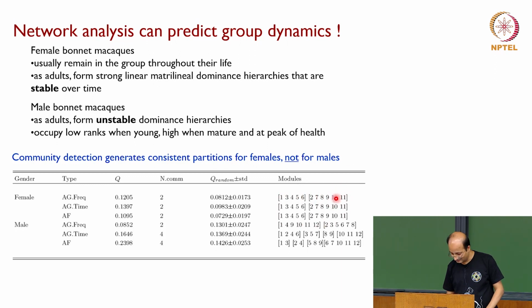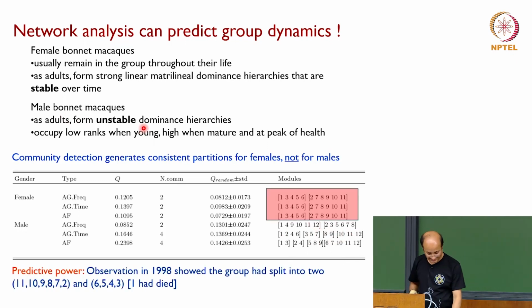Remember, 11 is the most dominant, 1 is the least dominant. So you can see it's not exactly numbered. Number 2, for example, is part of the other group, whereas 1, 3, 4, 5, 6 is part of the same module. Compared to that, the males, it's all over the place. Every parameter we use gives rise to a different module, which says that it's actually unstable.